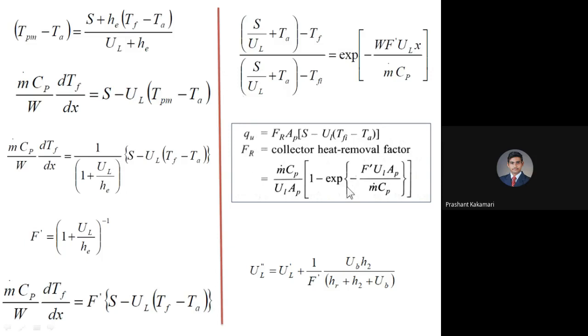Okay, so I can replace this term with FR, meaning I can again reform this equation taking m Cp on the left side and the remaining terms on the right hand side.